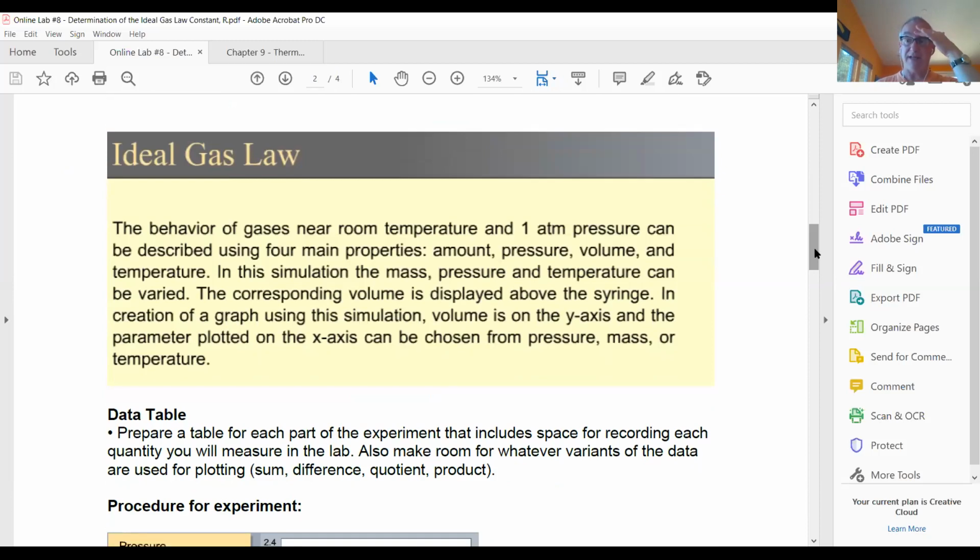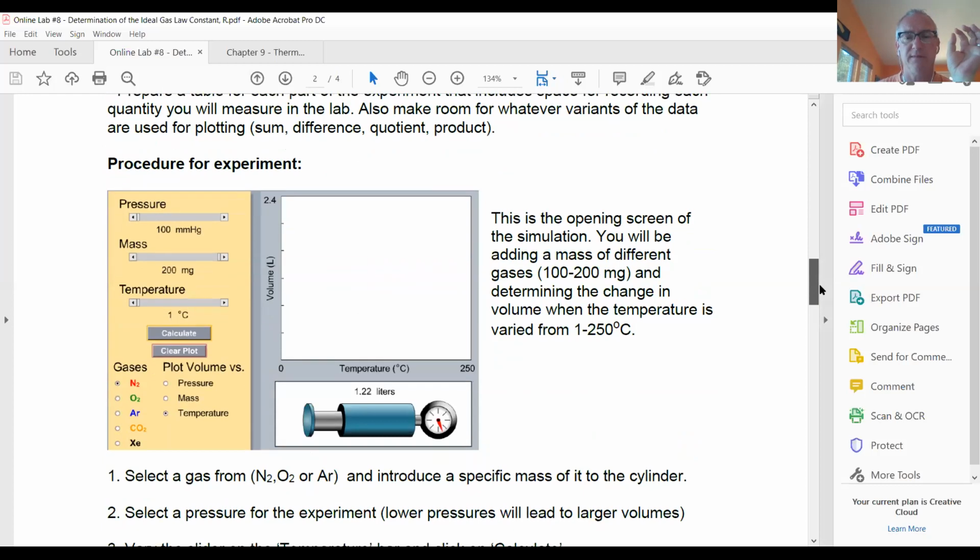When we get to the web page, this is the description here of how the experiment works, or basically why the experiment works. Here's what the opening screen is going to look like.